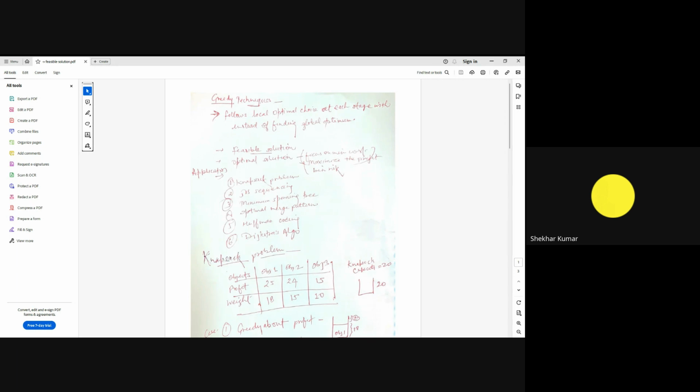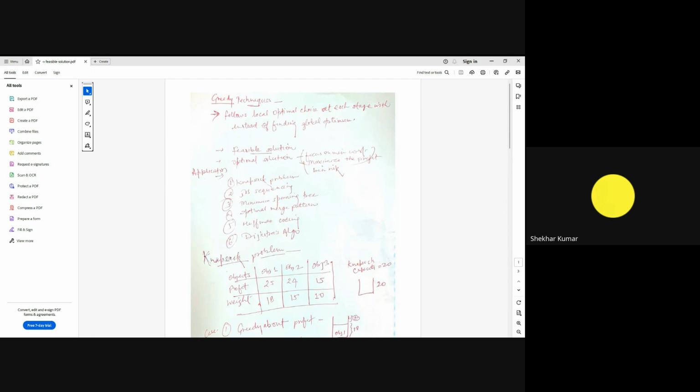But it is a very time consuming approach, as we discussed in the greedy example, in the interview procedure, because it tries all the possible solutions.